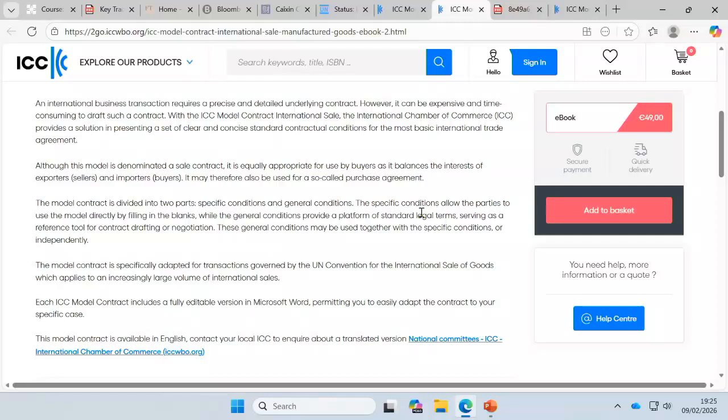contractual framework. So what you can see here is how one starts out with a commercial transaction, buying and selling.